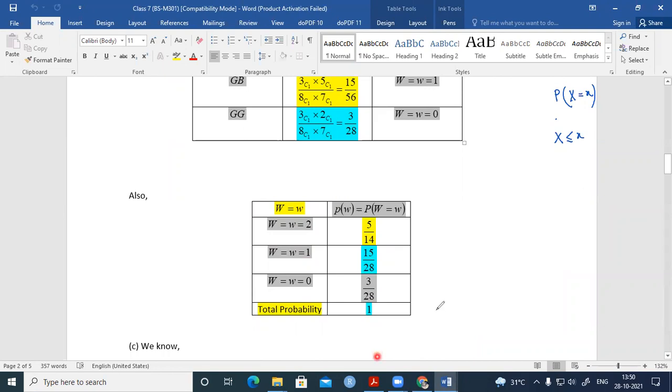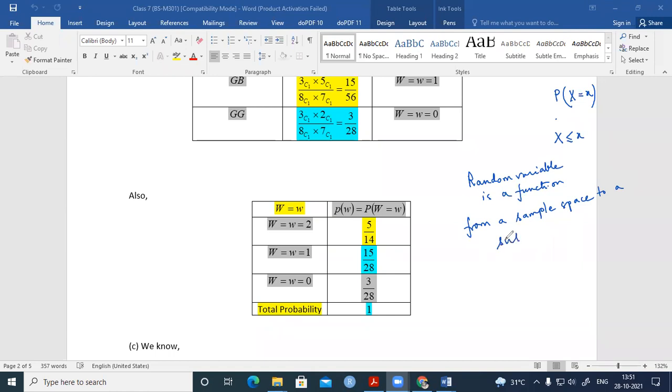Because, as I told you earlier, a random variable is actually a function from a sample space to a subset of the set of real numbers.